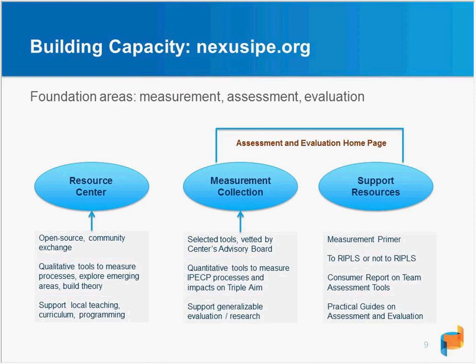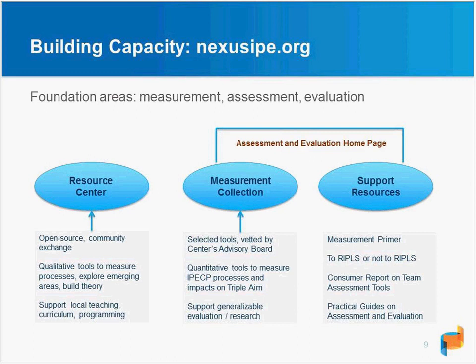A little bit about the framework and how we have built capacity. If you go on our resource center, at the beginning, we had a community where people openly put their own tools, and that is still going on in the resource center. We learned a lot about that, and people were looking for more rigor as far as our assessment of our measurement collection.